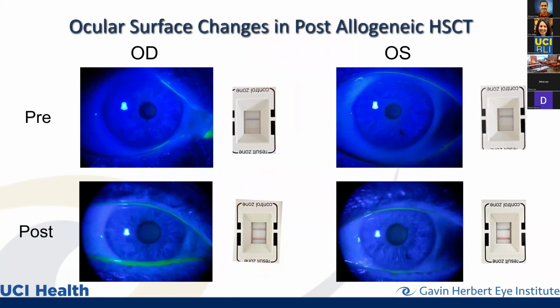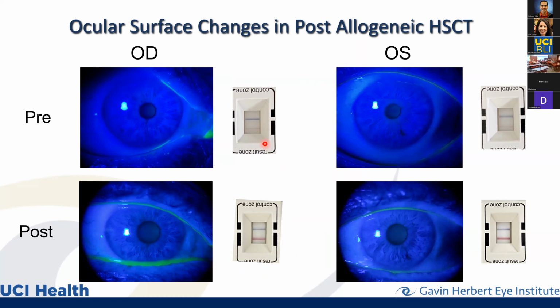This is a patient who had a stem cell transplant for acute leukemia and was diagnosed with skin graft versus host disease, but the patient had no ocular signs, no ocular symptoms. And so you can see that before and the after are totally normal. There's no green spots on the cornea, so there's no staining. The patient has no symptoms.